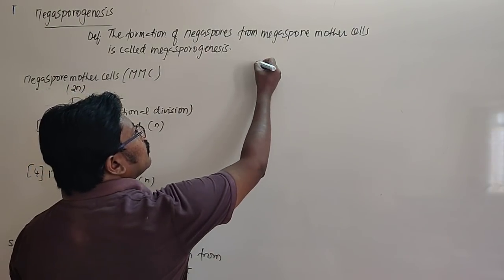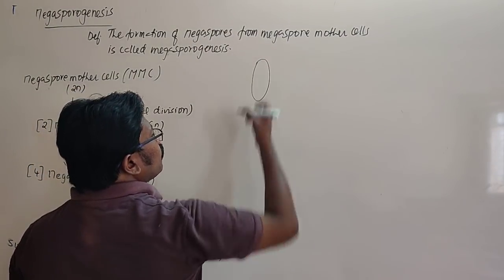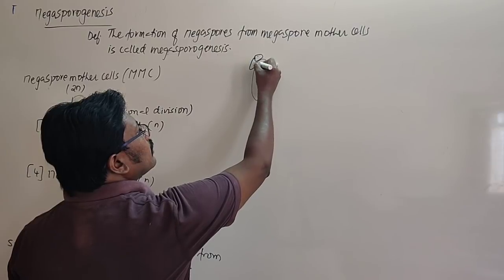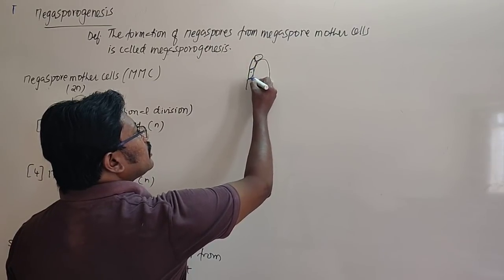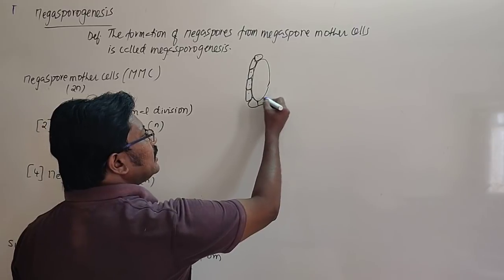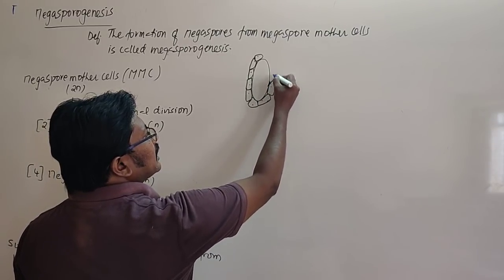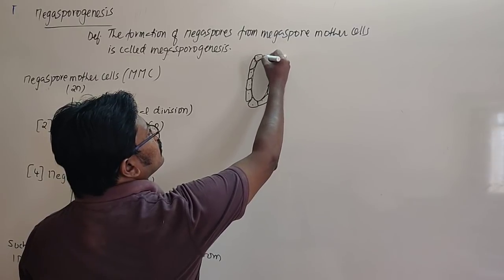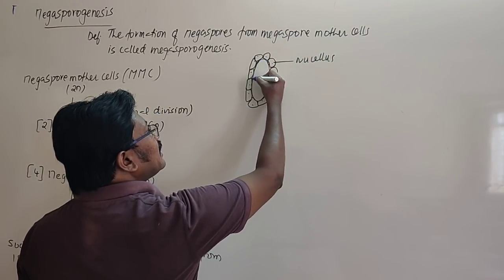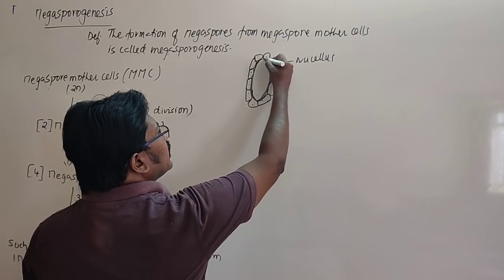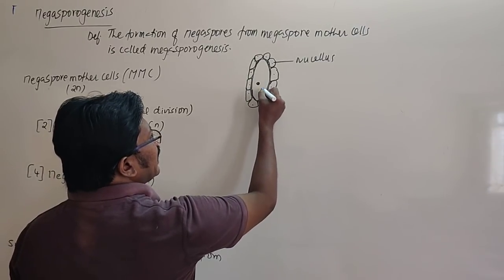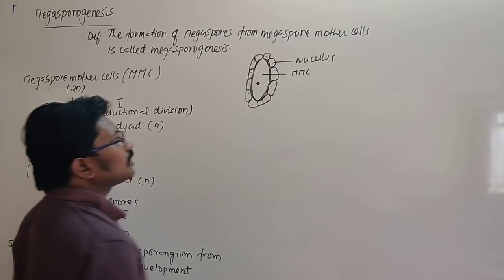Here we'll see first the megaspore mother cell. This megaspore mother cell is surrounded by nucellus cells. I already told you that the female gametophyte is embedded in the nucellus tissue. So this is all the nucellus tissue, and at the center you find one very conspicuous cell, and this is called the MMC, the megaspore mother cell.